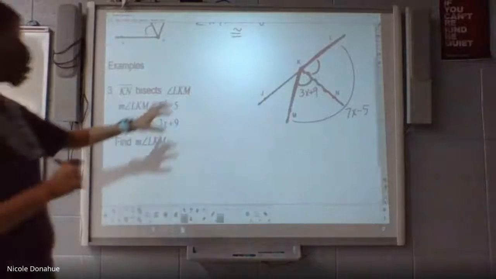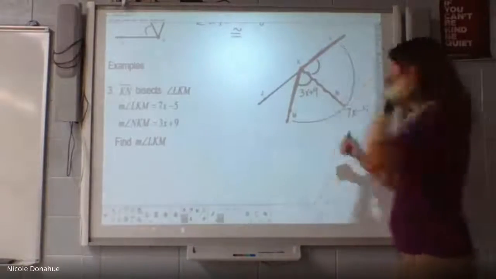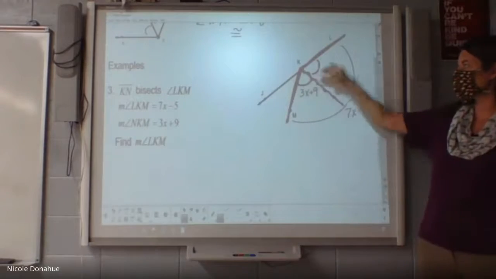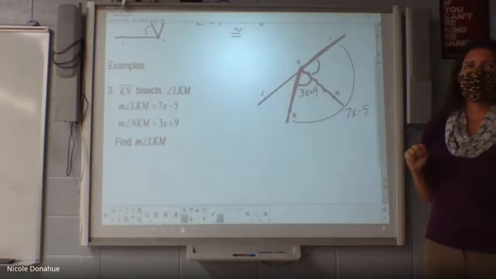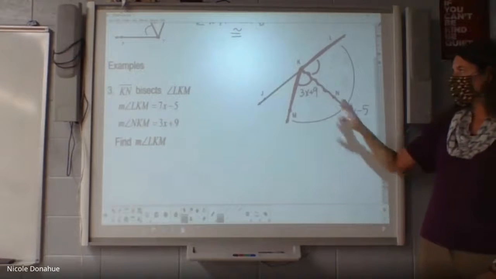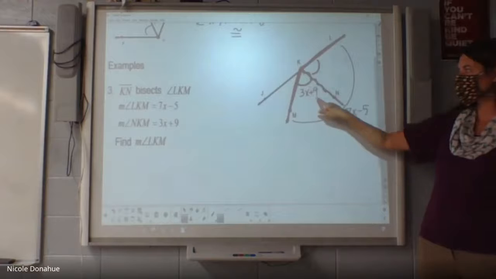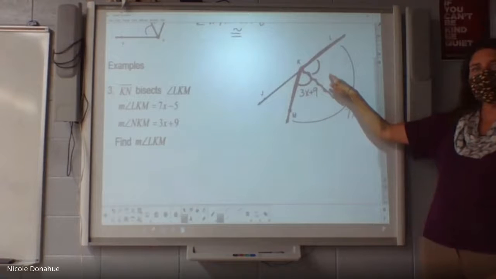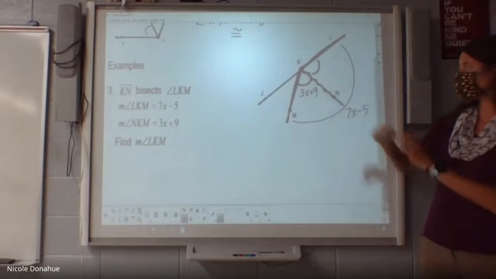Yeah, so they told us it was bisected. If this is bisected, that means this and this are the same. So she's saying, can't we just double it? If this is 3x plus 9, isn't this also 3x plus 9?